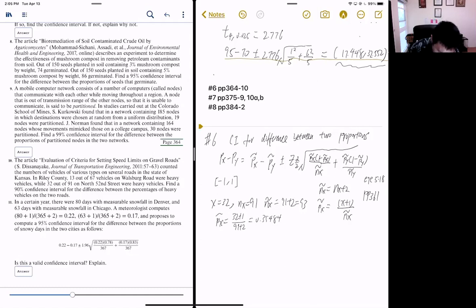Same thing for y: y is 13, ny is 67. The modified ny is 67 plus 2, and the modified py is 13 plus 1 over 67 plus 2.